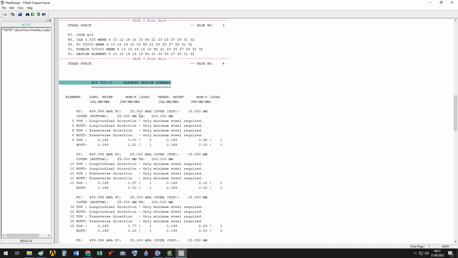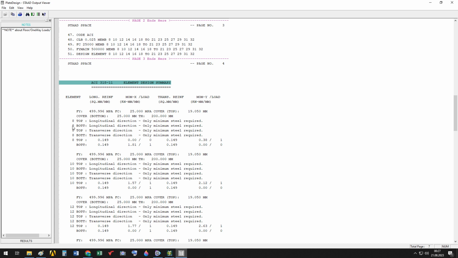Okay, Fy is given again. Some information is repeated again for every element. And Fc, compressive strength, and clear cover for top. This is calculated, I think, because the cover at the bottom, no, it's not calculated, but I think it's taken anyway. It's a default value maybe. We have defined the clear cover at the bottom. Clear cover at the top was a default value maybe. The program would put it here. In thickness, okay, 20 centimeter.